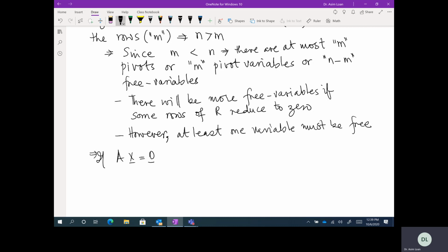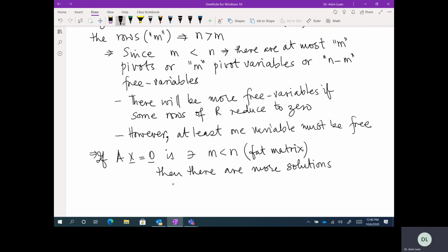So if Ax equals 0 is such that m is less than n, which is the case here, which means we have a fat matrix, then there are more solutions than x equal to 0.